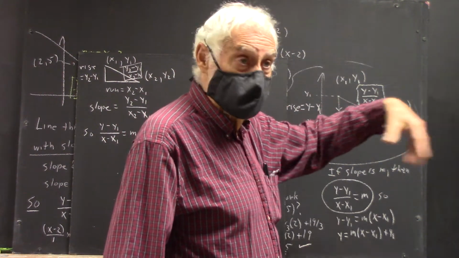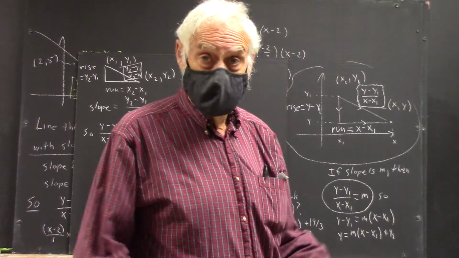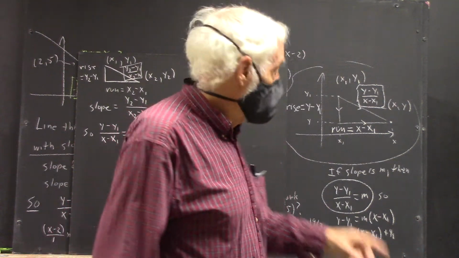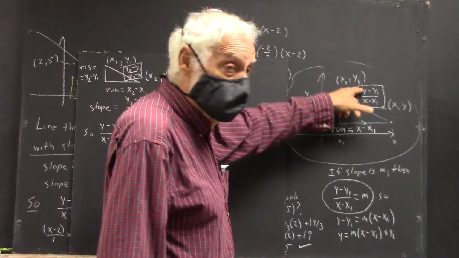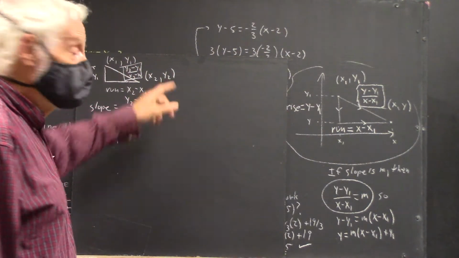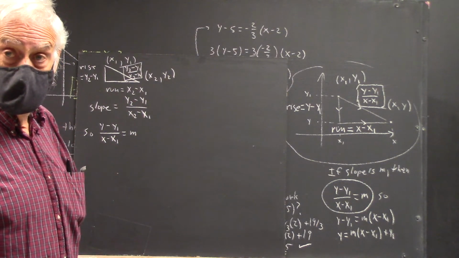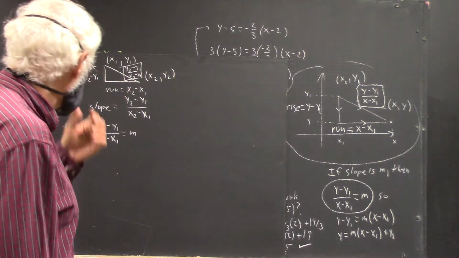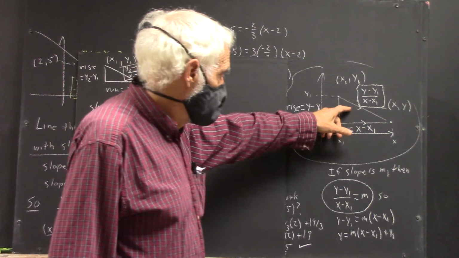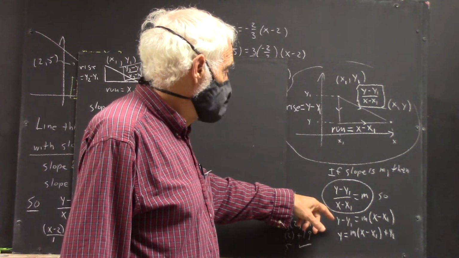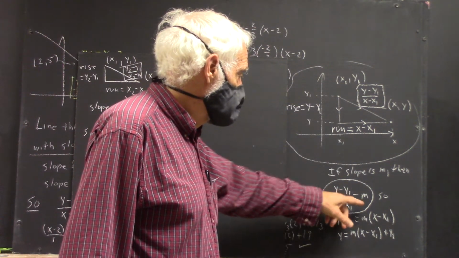X and y are just the coordinates at some point on the line. It's a variable. X1 and y1 are specific numbers, and x2, y2 are specific numbers, okay? So taking what I got here, I've got the slope, which is m, of course.